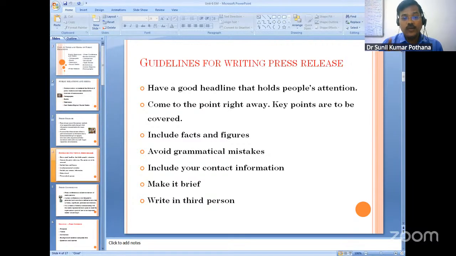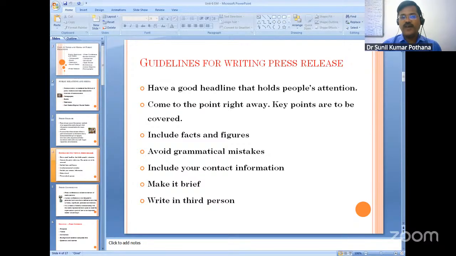So we need to focus on which medium we are targeting. In the case of a single medium, no problem, we can easily write our press release. In the case of multimedia, we must take care to reach all kinds of mediums. It should be suitable to all kinds of media.